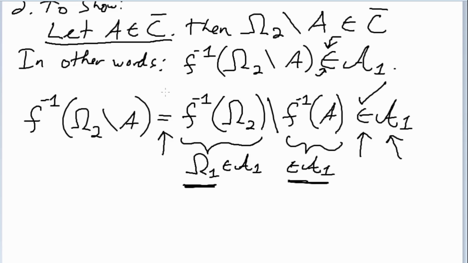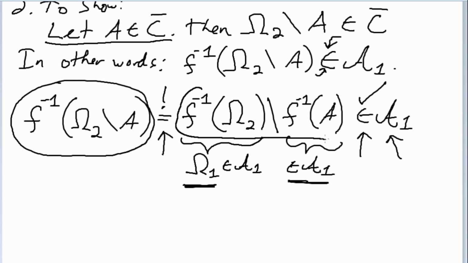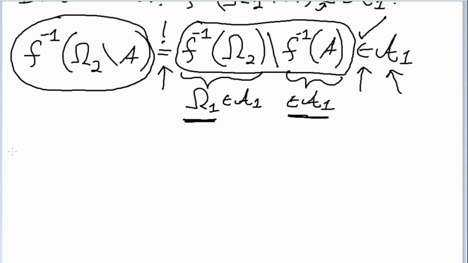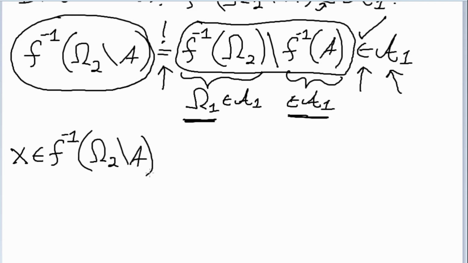Now we just need to talk about this one here. Is that the case, that this set is equal to this set? Well, let's take a look. Let's say that some element x is in this first set here. So let's talk about what that even means.